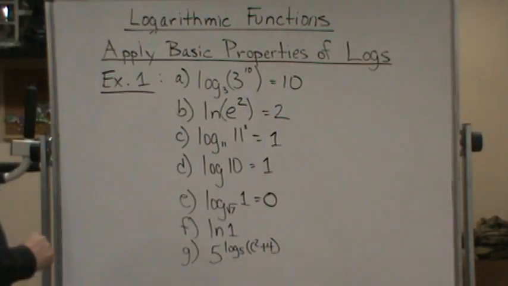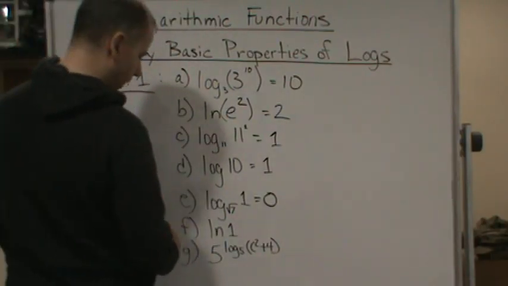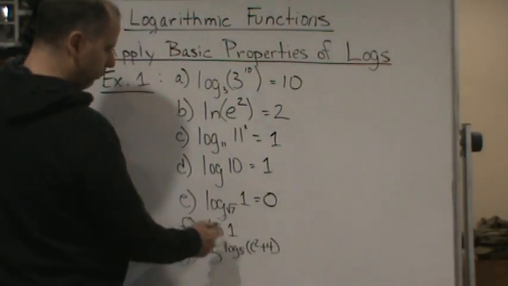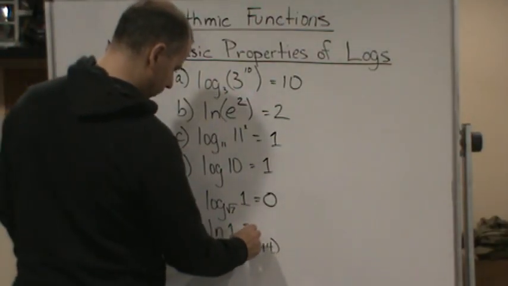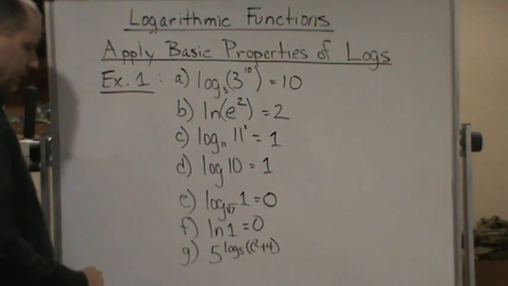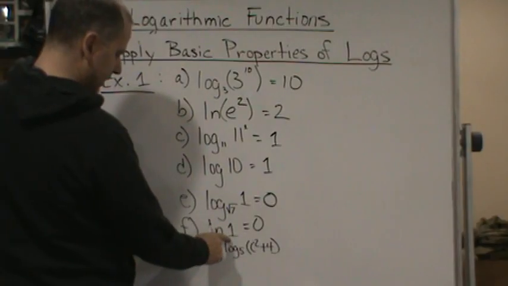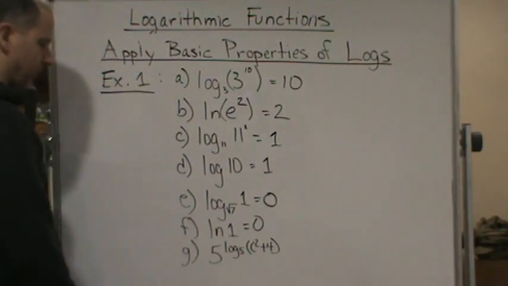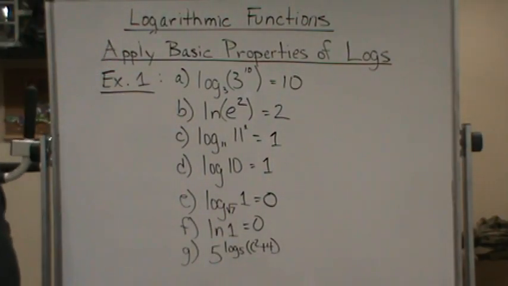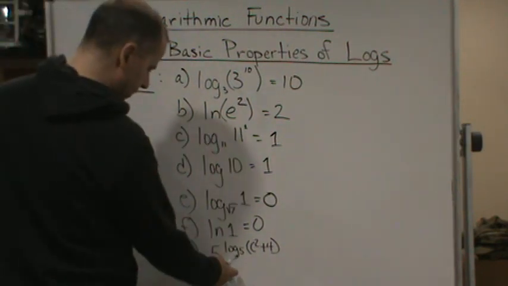Okay, so the log base square root of 7 of 1 is 0. How about this, the natural log of 1? Okay, that's also going to be 0. Because again, it doesn't matter what the base is, the only exponent that will make a number equal to 1 is 0.